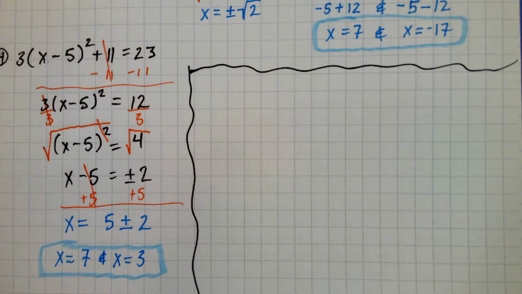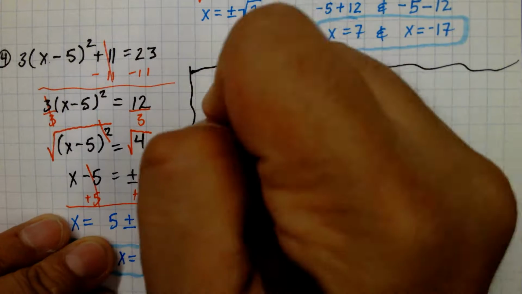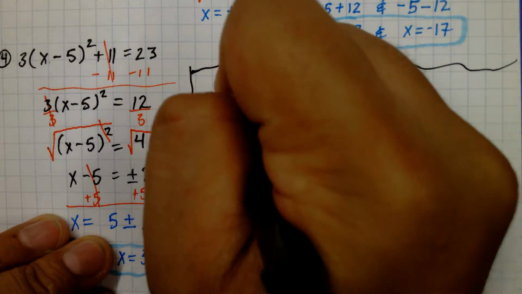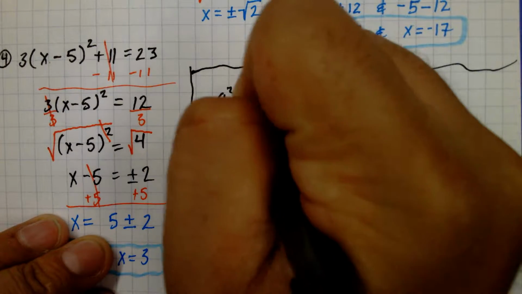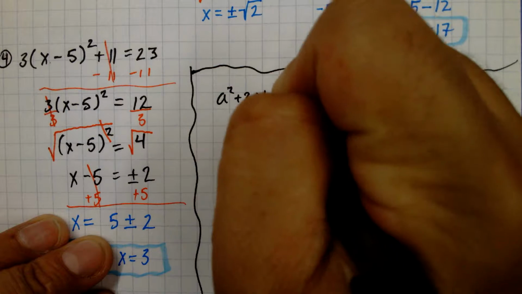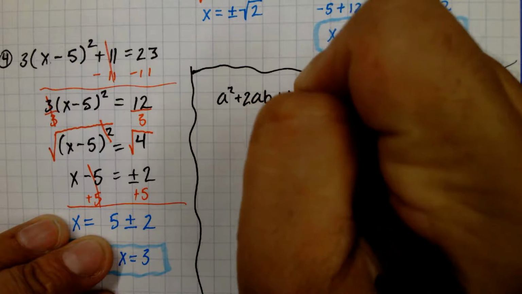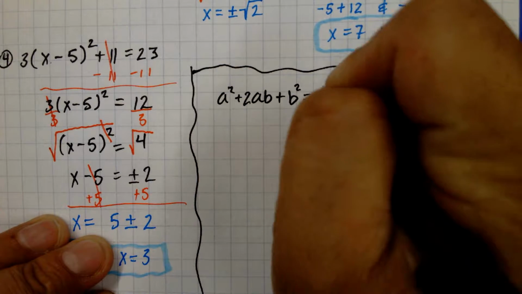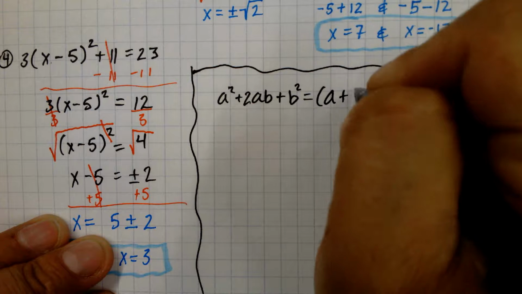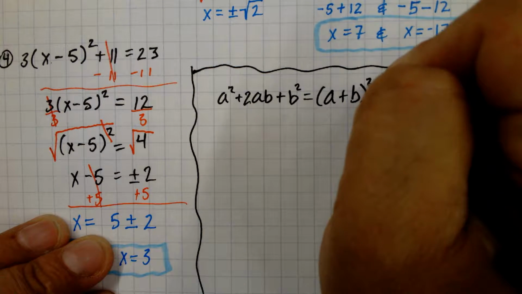While they're doing that, I want to remind you guys of something that we did a while back, and that's factoring squared binomials. I'm going to show you the pattern. A squared plus 2 times AB plus B squared equals A plus B squared.